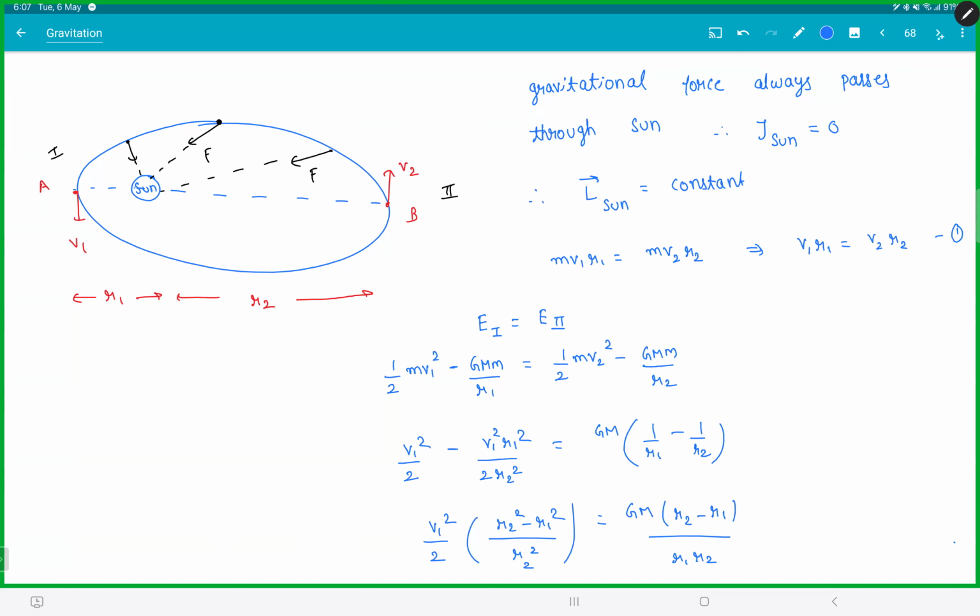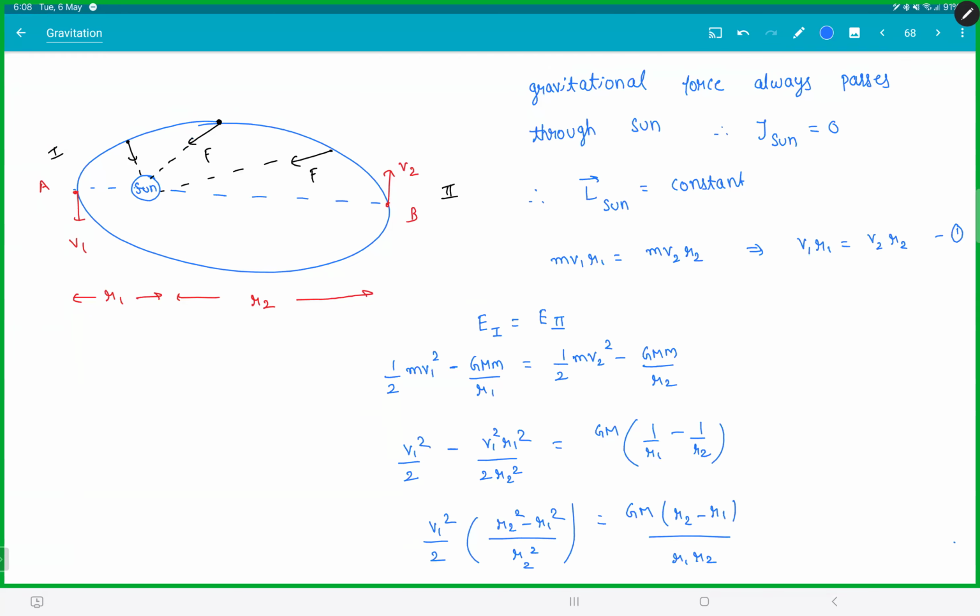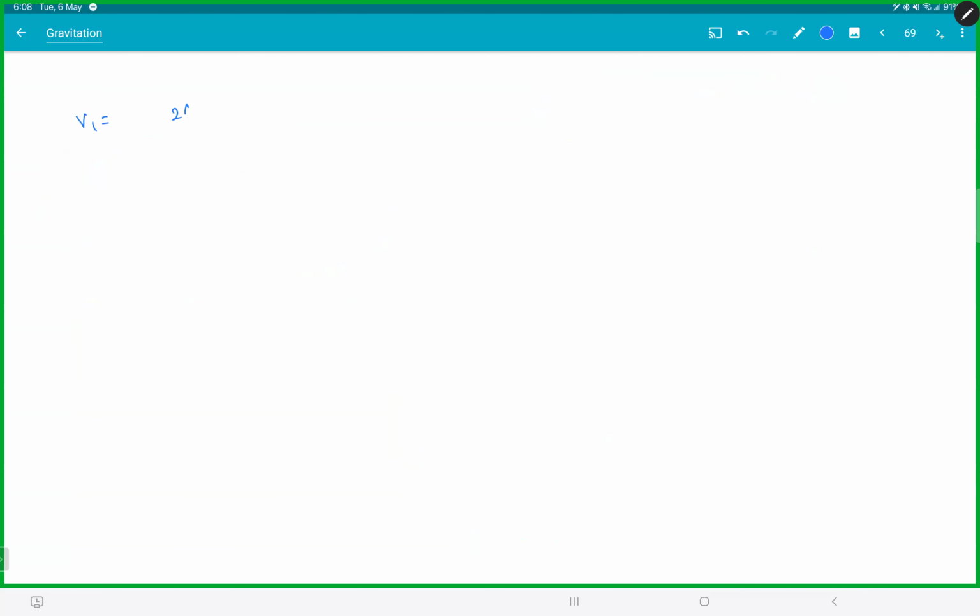You will be left with v1 equals root over 2GM r2 by r1 into (r1 plus r2). There, that will be the velocity. Check.